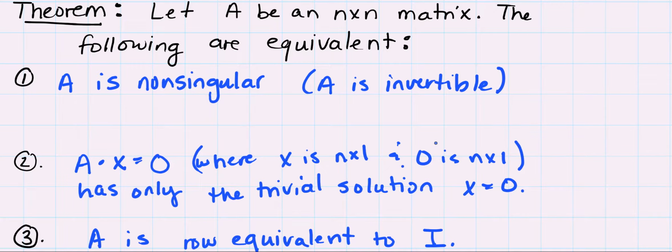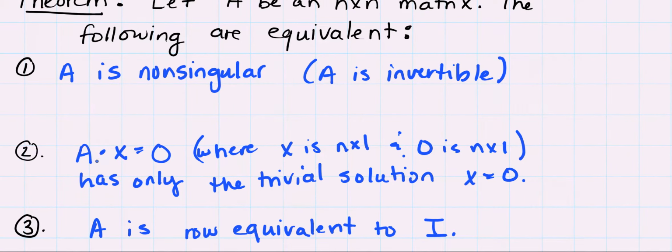So if A is non-singular, in other words, if A is an invertible matrix, then this is also true, part 2, which is if we have A times an n by 1 column matrix X and we get the 0 n by 1 column matrix, then X has to be the n by 1 0 column matrix. So A times X is equal to 0 has only the trivial solution, X is equal to 0. And A is row equivalent to the identity matrix.